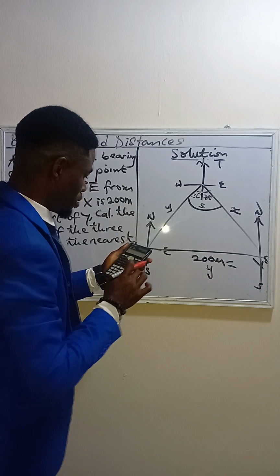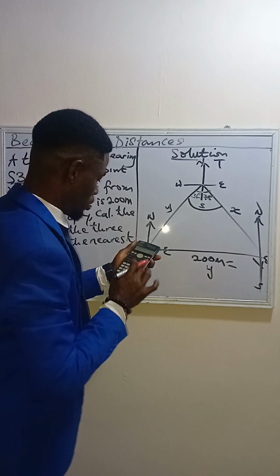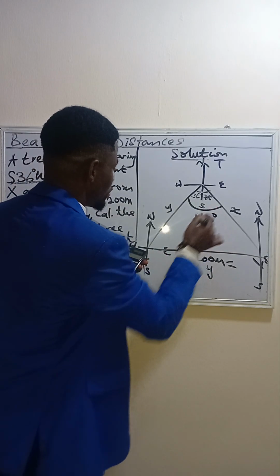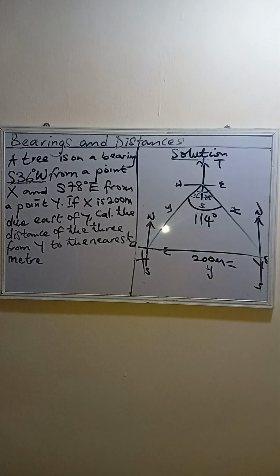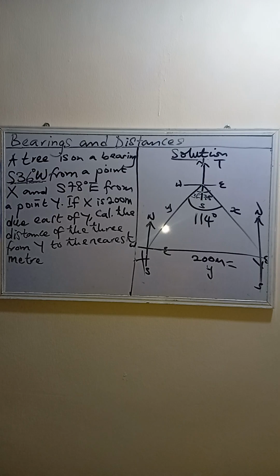We have 36 plus 78, we have 114 degrees. Okay, so in this case, we need to make use of the sine rule.